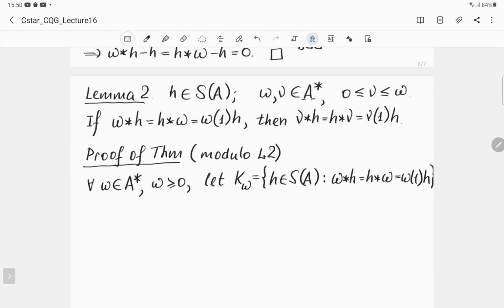So what can I say about k omega? First of all, a little exercise. The convolution on A star is separately weakly star continuous.